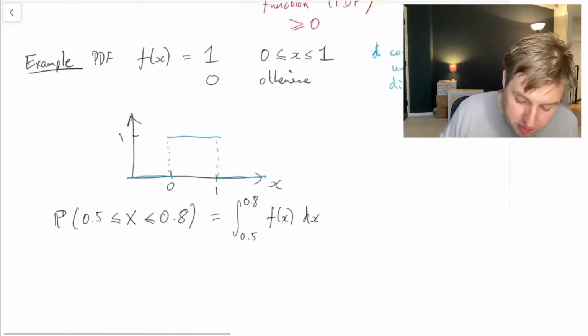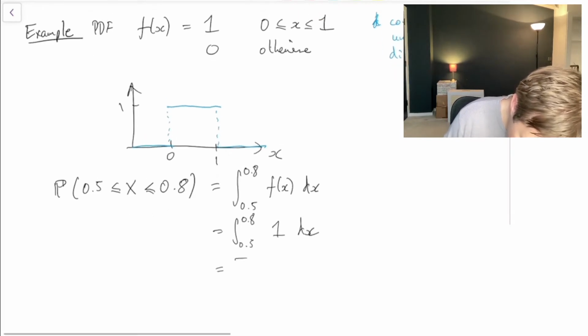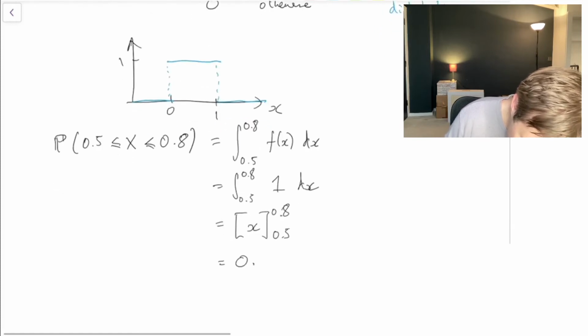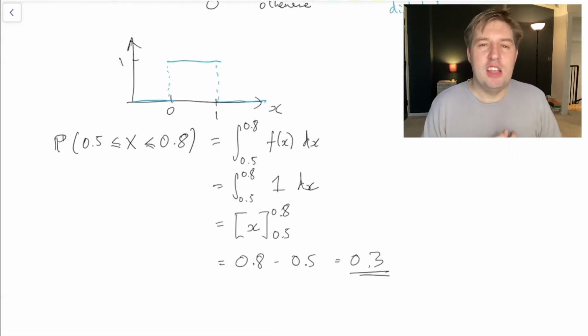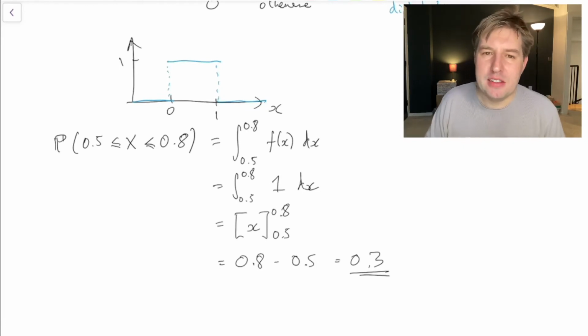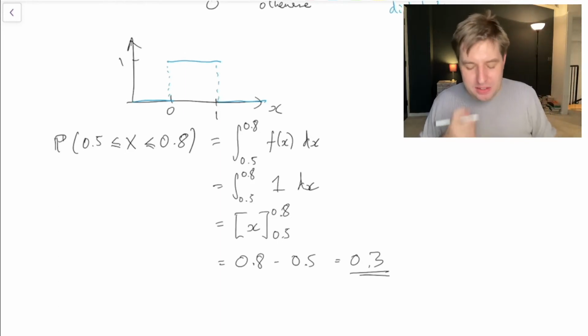Now, between 0.5 and 0.8, the PDF is equal to 1, so that's just the integral from 0.5 to 0.8 of 1 dx. If you integrate 1, you get x. It has to be evaluated at 0.8 and 0.5. That gives us 0.8 minus 0.5, which equals 0.3. So the probability that this number is between 0.5 and 0.8 is 0.3, even though the probability of hitting any particular exact point is 0.